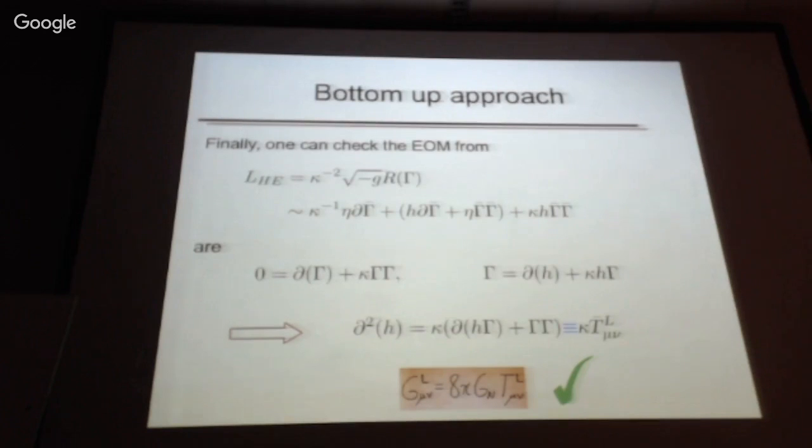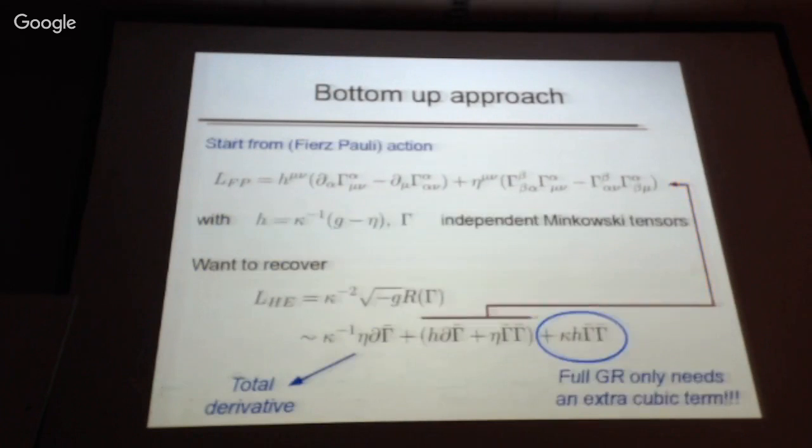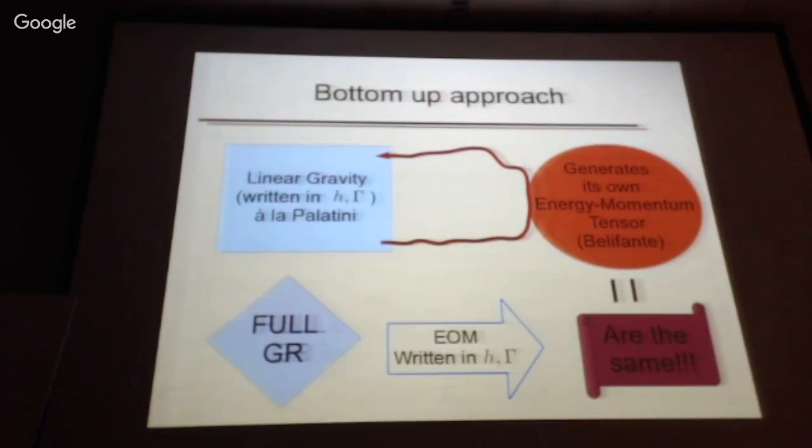And this term is precisely the term that I calculated using this Belinfante approach. So what I have proven is that I can do linear GR coupled to its own energy momentum tensor, and it's the same as full GR.